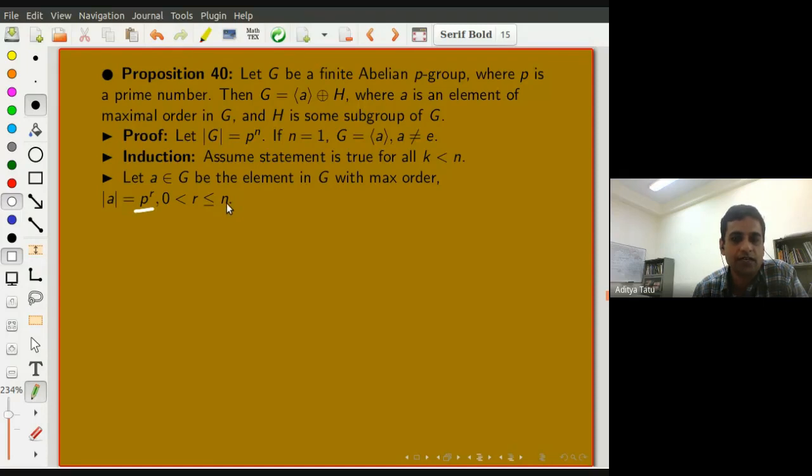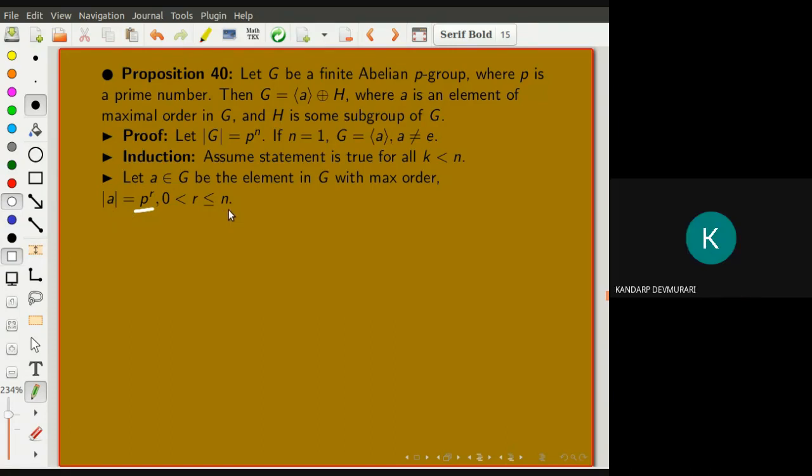Remember, the order of an element divides the order of the group. The order of the group is some prime to the power n. So the order of any element would be of the form p to the power r, where r is between 0 and n. And of course I don't want A to be the identity element. Is this statement okay? Yes, sir.